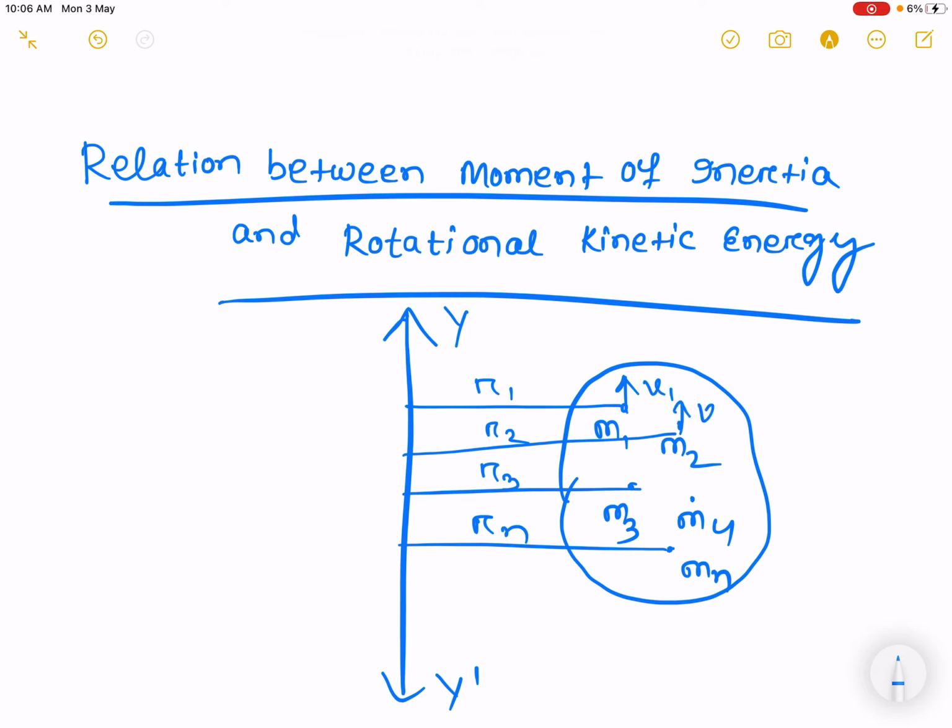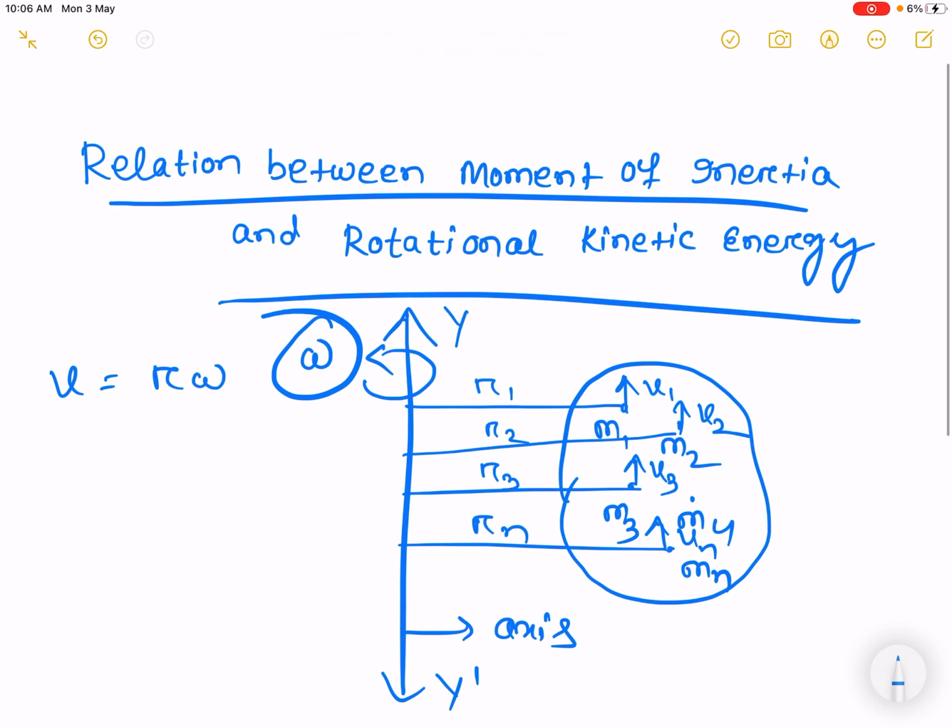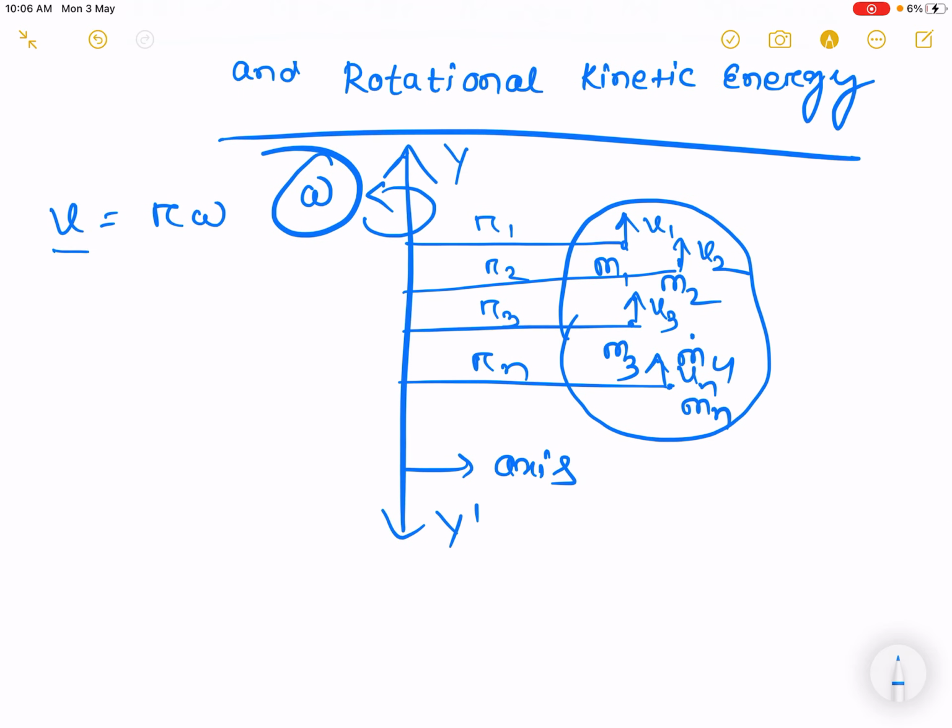If v1, v2, v3 up to vn are the velocities of the constituent particles, then we know v equals r omega. Already we have discussed that when a body rotates about an axis, its angular velocity omega remains constant. So the relation between linear velocity and angular velocity is v equals r omega.